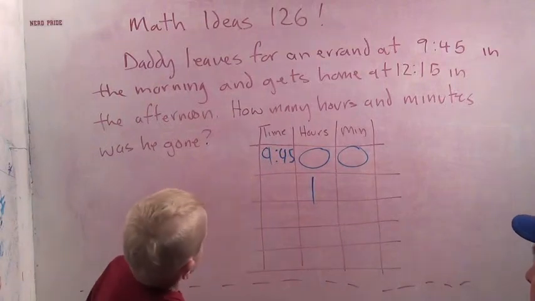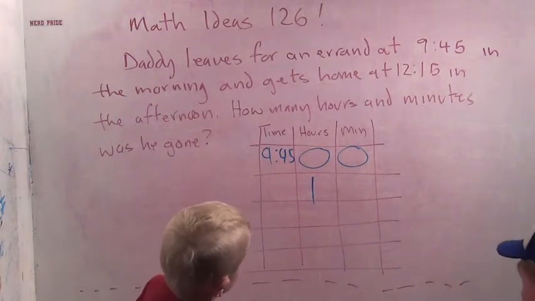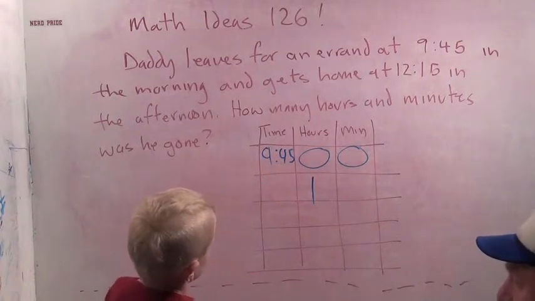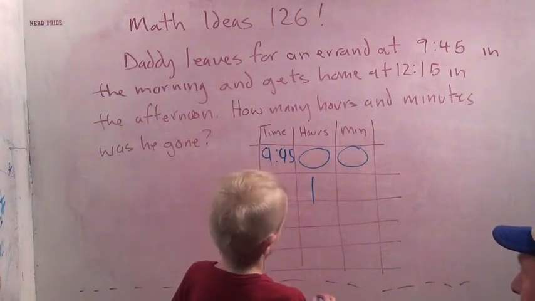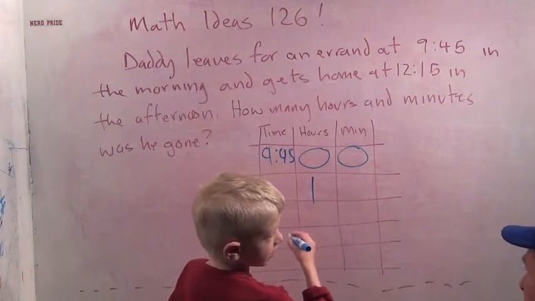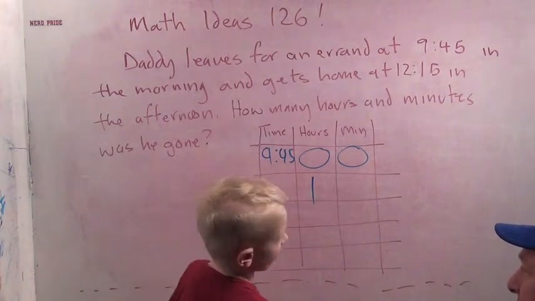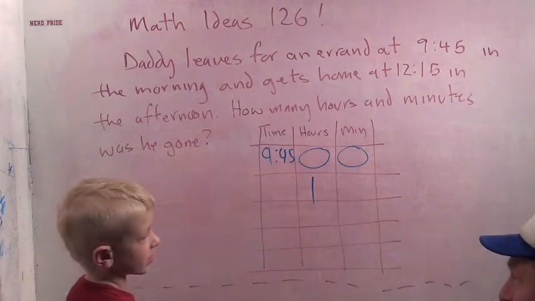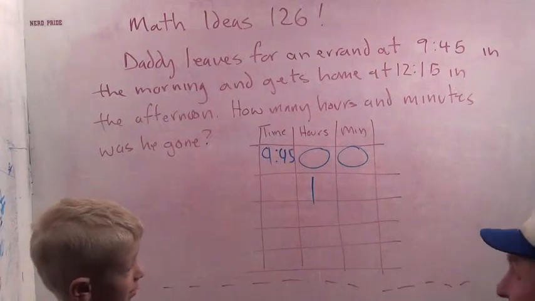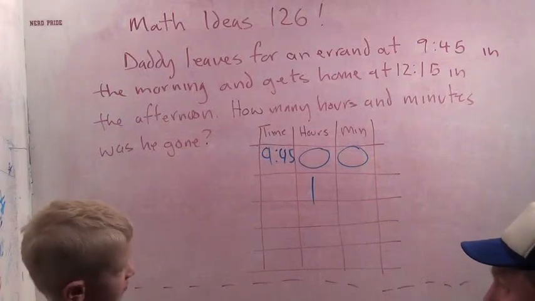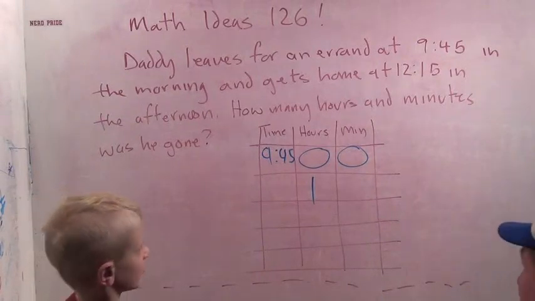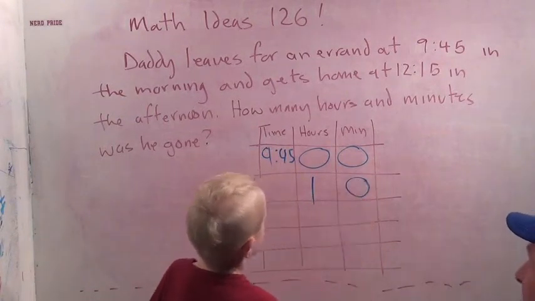So we'll add on 1 hour, and how many minutes do you want to add on? Let's keep it simple. Even simpler. 1 hour and what's the simplest? 0. Right, 1 hour and 0 minutes. We're going to add on 1 hour and 0 minutes.